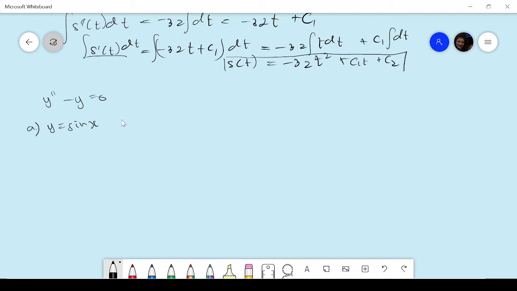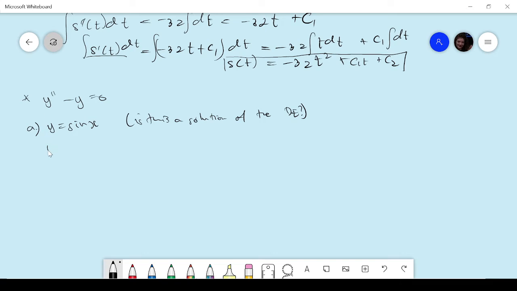So is this a solution of the DE? DE is short for differential equation. Okay, so we're going to check whether this function is a solution of the given differential equation y double prime minus y equals 0. The differential equation here is second order.